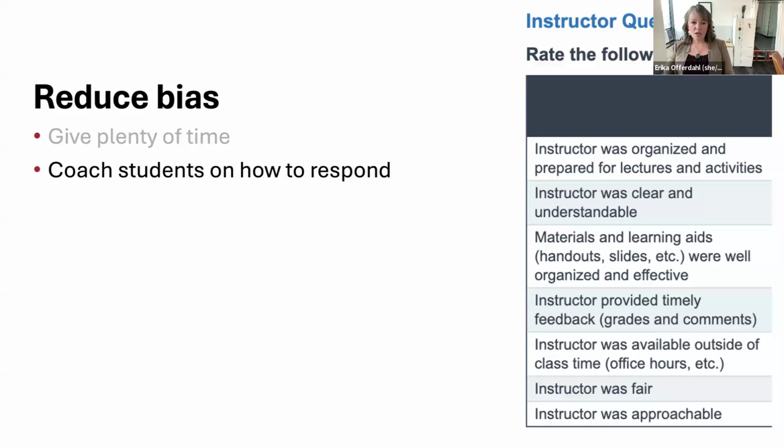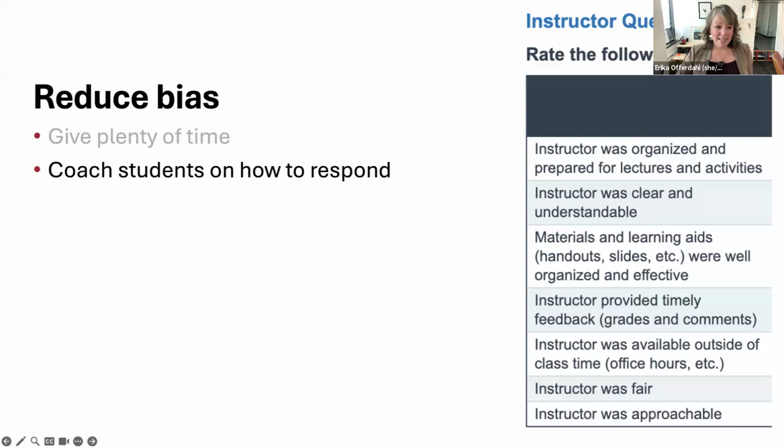I will also look at these questions and ask myself, how are my students going to interpret these items? And is there an opportunity that they might interpret them in a way that is not the way they were intended?